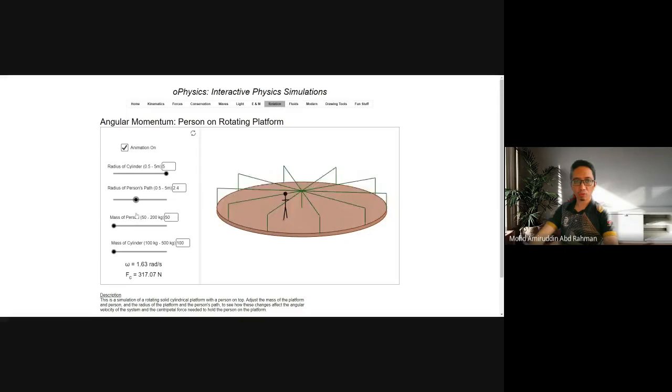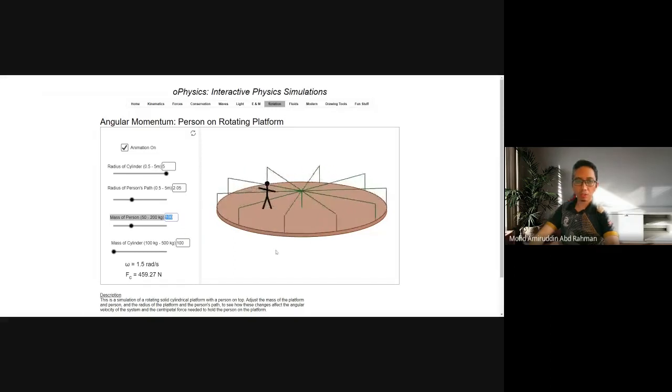Then the mass of the person: you increase that mass and you see that the person gets bigger. Put that to 100. You can also change the value over here if you want. And the mass of the cylinder is 100.